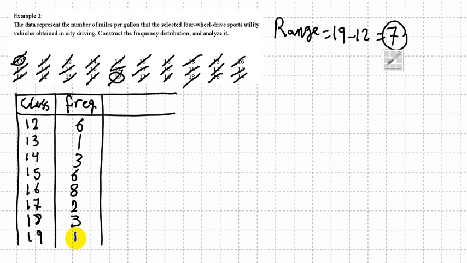Now, let's find the sum of the frequency. The sum equals 6 plus 1 is 7, 7 plus 3 is 10, 16, 24, 26, plus 3 is 29, plus 1, so 30.